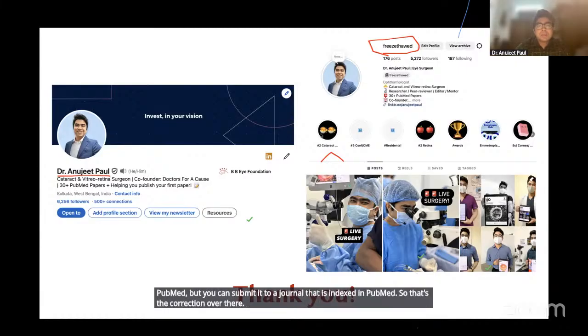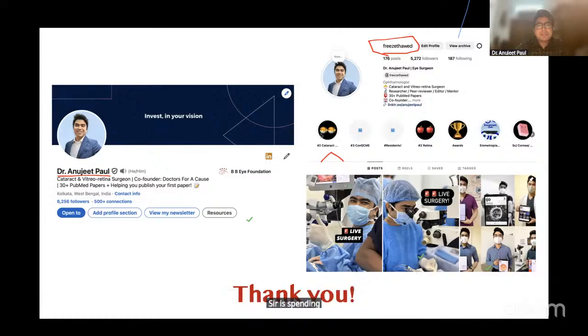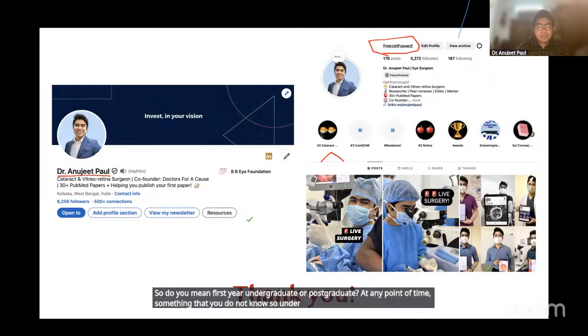Sir, is spending time in research fruitful for a first year student, and how do we get started with it? So do you mean first year undergraduate or postgraduate? At any point of time, something that you do not know, so undergraduate, great. I would say as an undergraduate thing, it is very much fruitful because the earlier you understand research methodology, the easier it is for you to understand studies later on in your career or life.